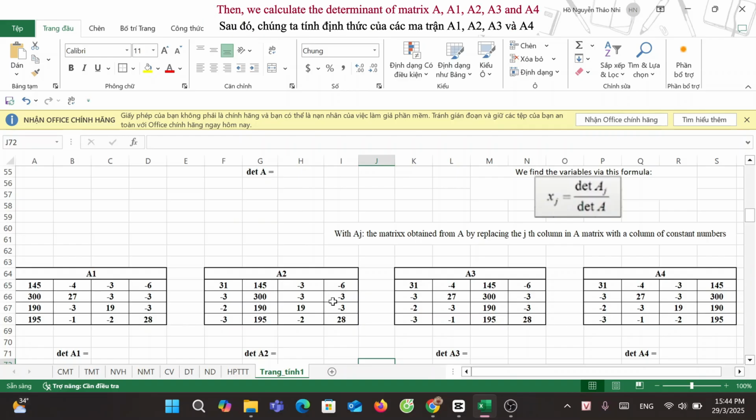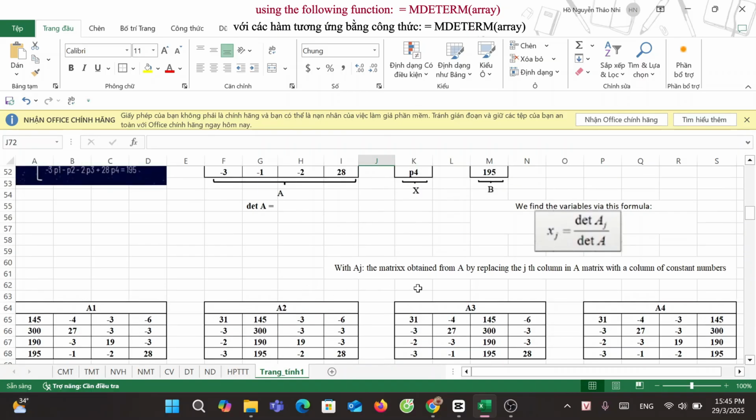Then we calculate the determinant of matrices A, A1, A2, A3, and A4 using the MDETERM function.